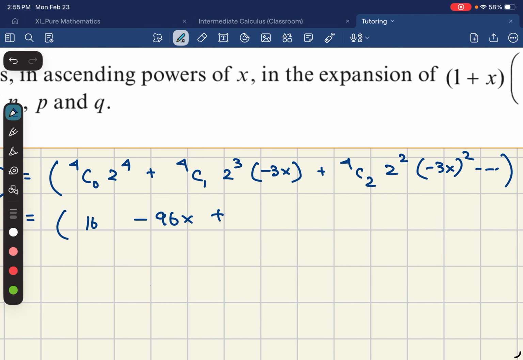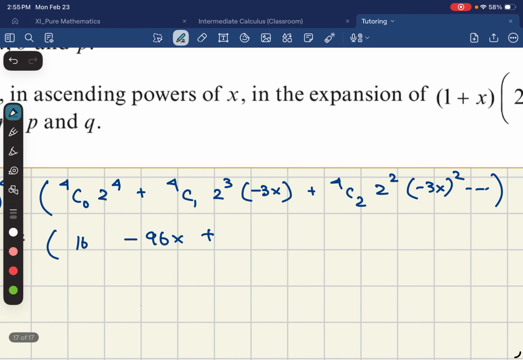Plus 4 choose 2. 4 choose 2 is 6, I believe. Yeah, 4 choose 2 is 6. 6 times 4 is 24. 24 times 9 gives me 216x squared. That is my third term.